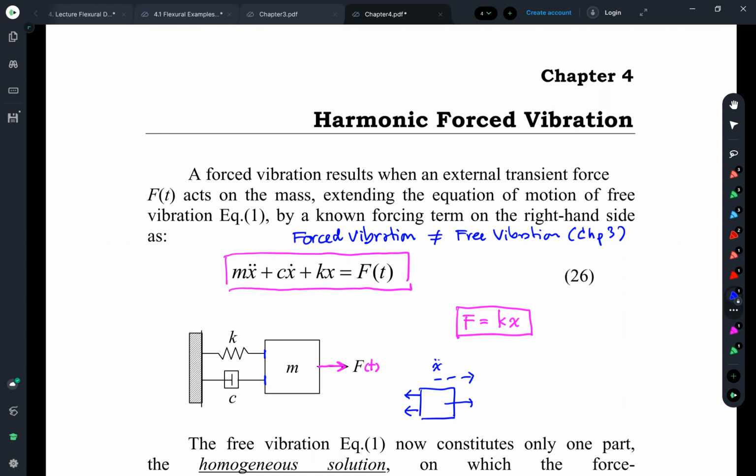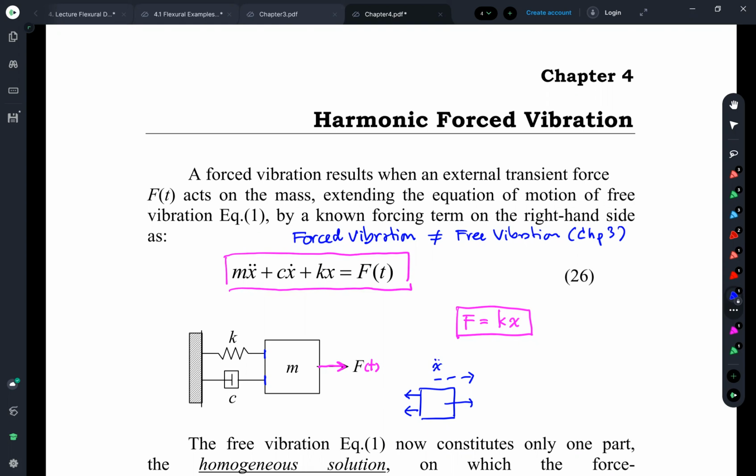Since if the F of time t on the right-hand side of equation 26 is a very, very complicated function, forget about solving equation 26 analytically. What you have to do is use what they call numerical techniques to approximate the solution. Solve the system numerically, not analytically, because it's too complicated.